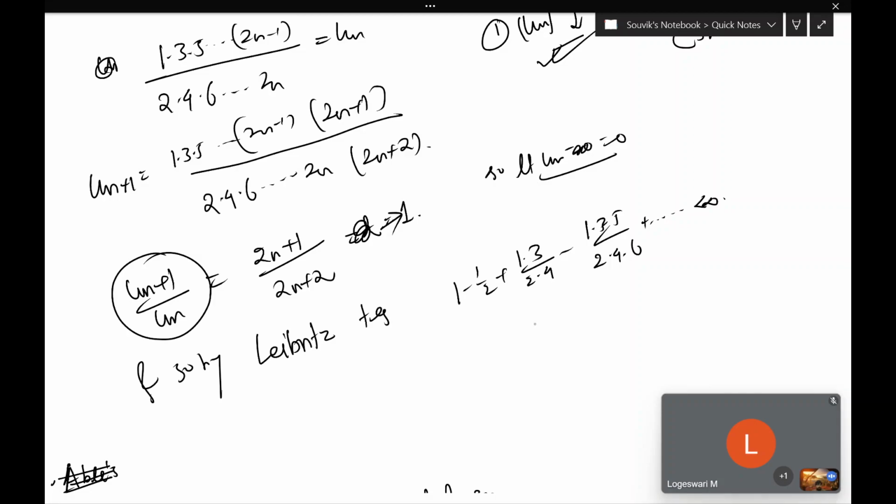Up to this, please let me know if you have any confusion or problem. I shall wait for a couple of minutes. Please go through this once again. Please let me know if you have any confusion. Okay. And then we shall revise the rest of the portion.